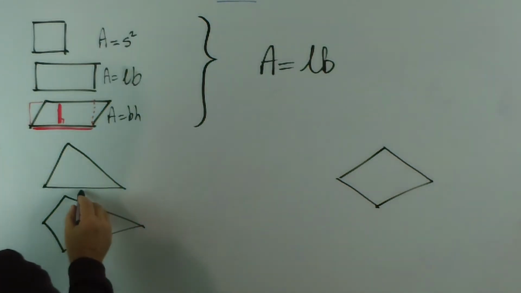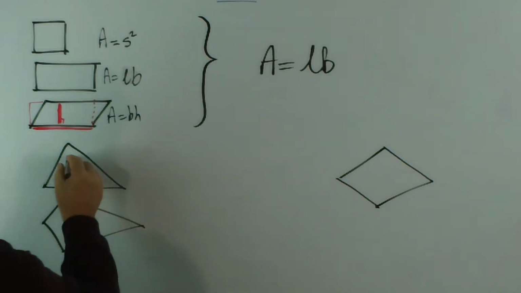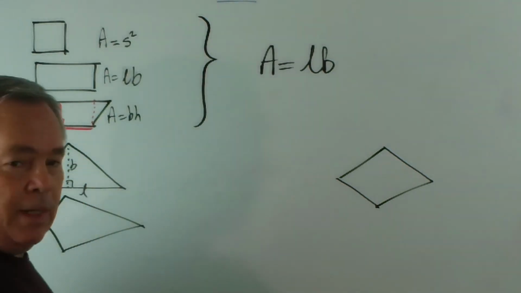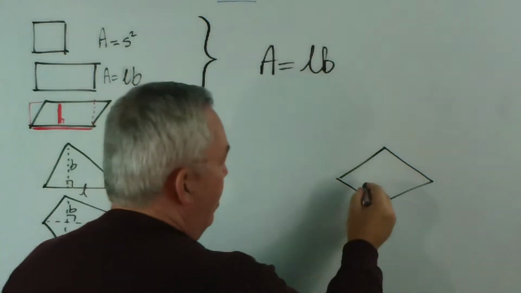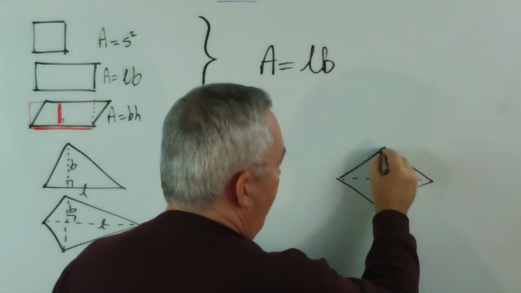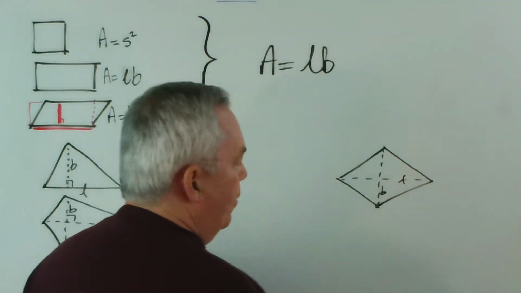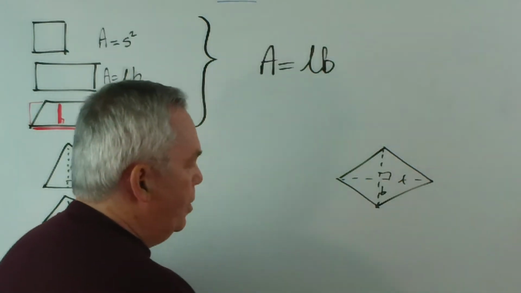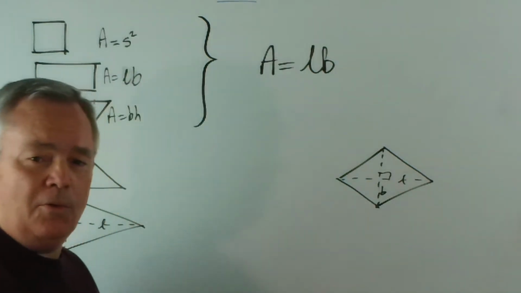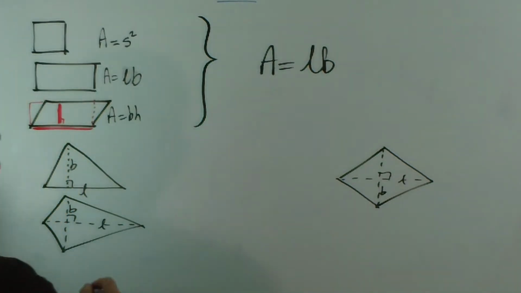If I call this the length and this the breadth at right angles of the triangle, and the length and breadth of the kite, meeting at right angles, and the length and the breadth of the rhombus, again meeting at right angles, I want you to see what happens when I draw a rectangle around these shapes.